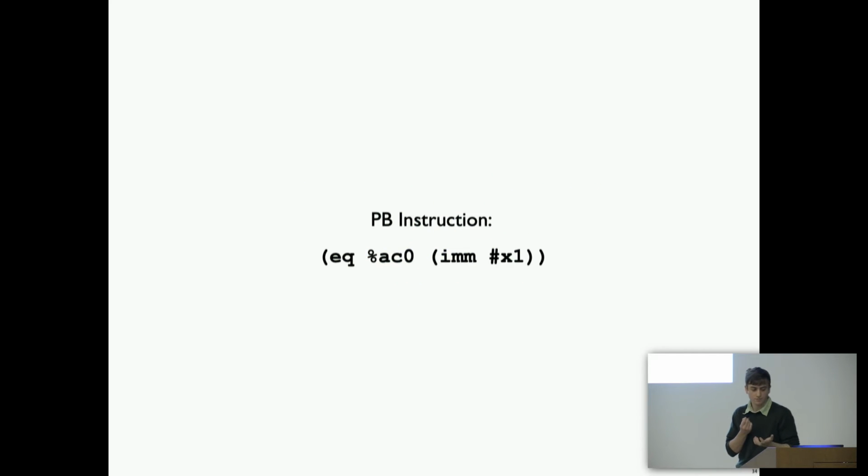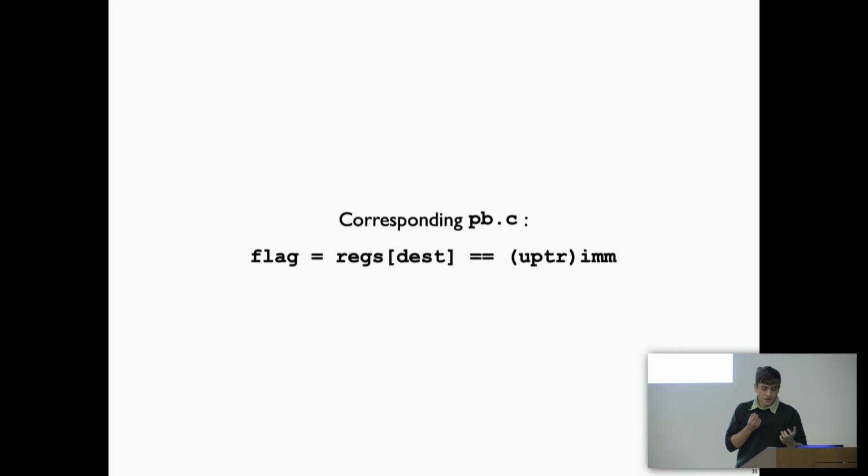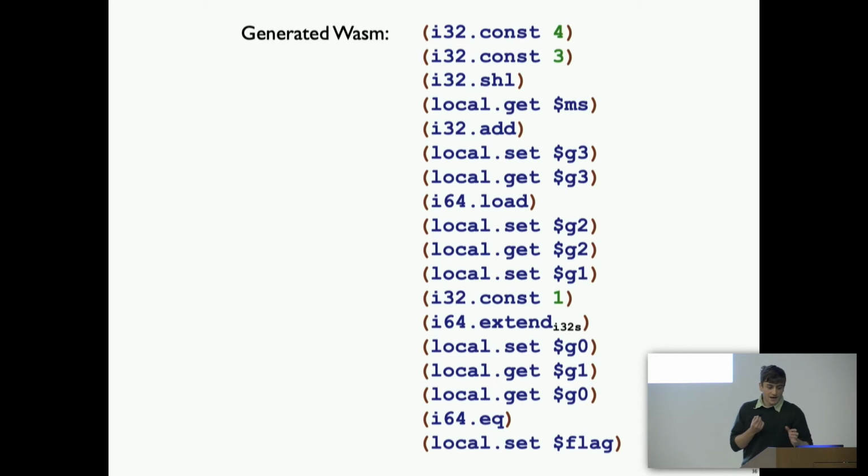So to make this even more concrete, this is a single PB instruction that's just an equality check of a register with the value 1. This is what the source code of the interpreter looks like, where we're loading it out of a virtual register array and comparing it with the immediate value. And then there's a lot of generated Wasm, and a lot of this boilerplate comes from the fact that we have to modify the interpreter state.